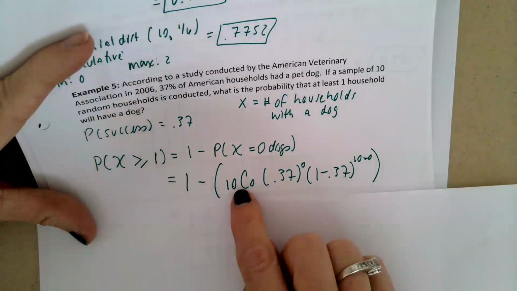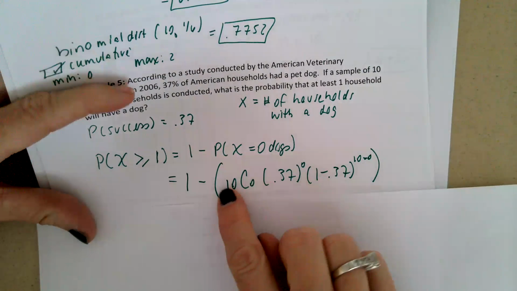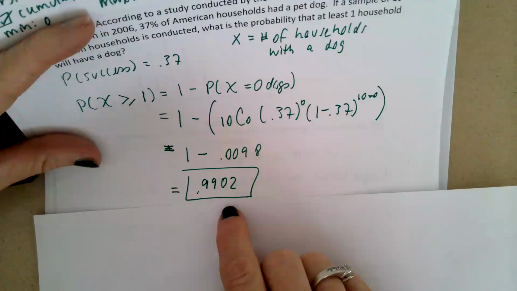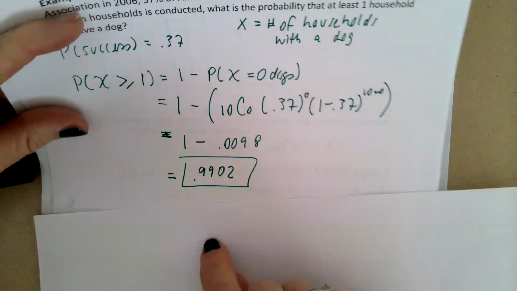So we're going to find the probability of none of them having dogs and subtract that from 1. And that is 1 minus 0.0098. And that is 0.9902.